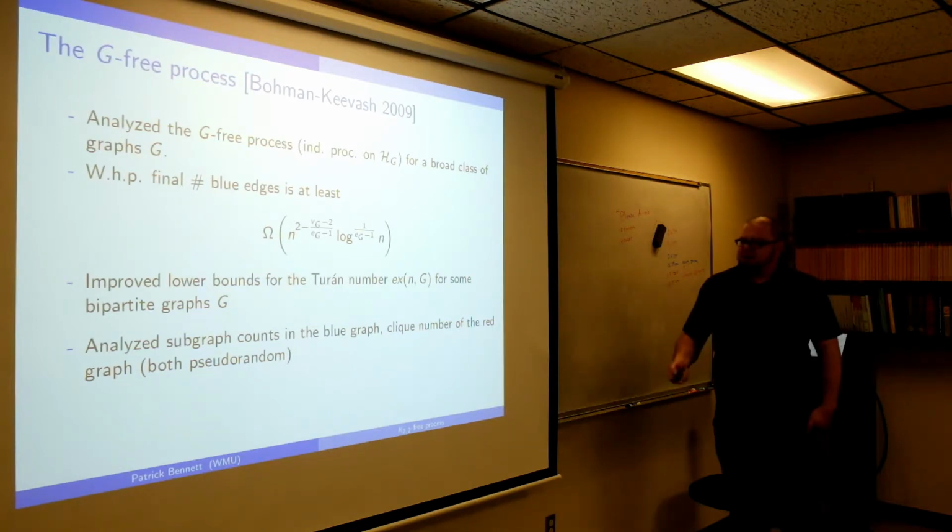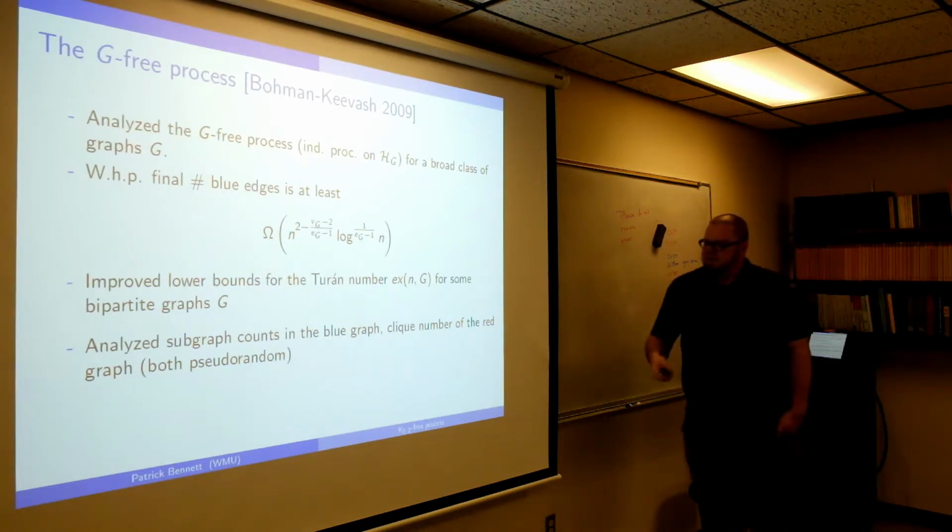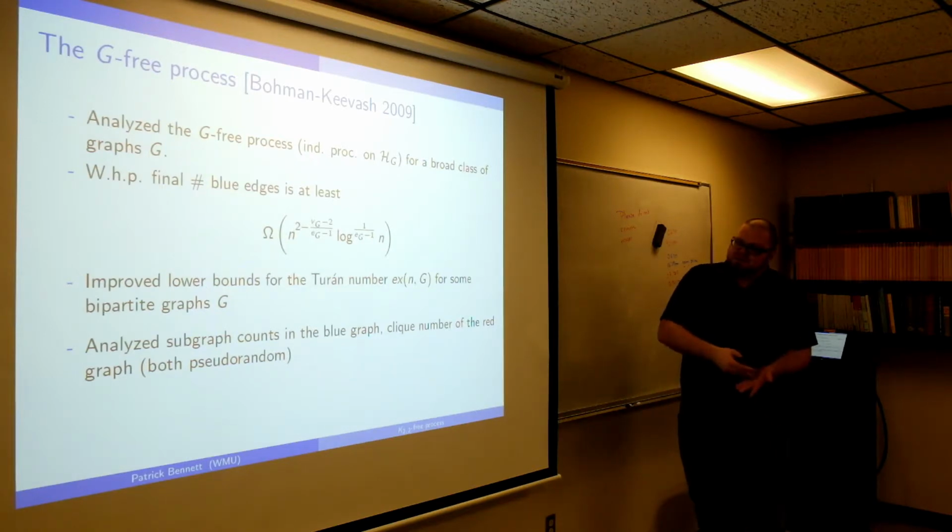So they also analyzed subgraph counts in the blue graph, which is sort of a generalization of this Wolfowitz result that I told you about, and the clique number of that red graph. And the answers to both of these were pseudo-random. Like, how many copies of your favorite subgraph are there? Well, if your favorite subgraph happens to have G in it, then there's going to be 0.